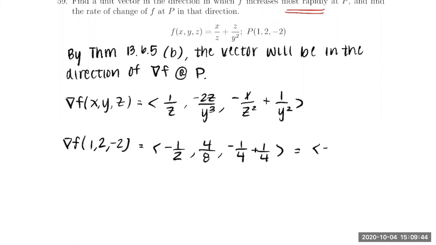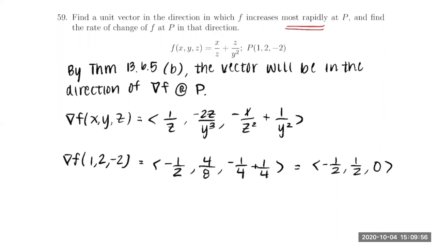So this reduces to negative 1/2, 1/2, 0. All right, so this is the gradient, and we know that the direction in which f increases most rapidly is in the direction of this gradient.